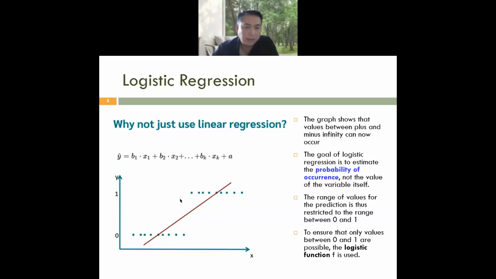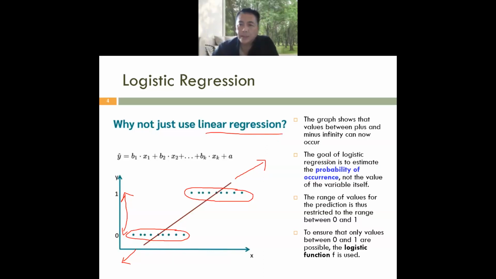So you could have plus infinity or minus infinity here. So we cannot describe the data that we have here because your data now is between 0 or 1. Okay, buy or not buy. So we cannot use linear regression here.